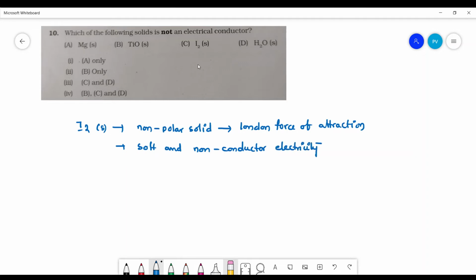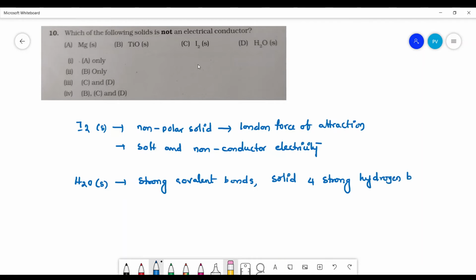And for H2O solid, strong covalent bonds are present, and in the solid state four strong hydrogen bonds are present.